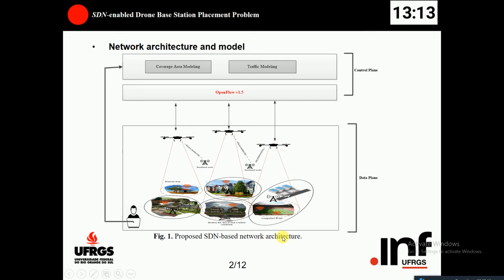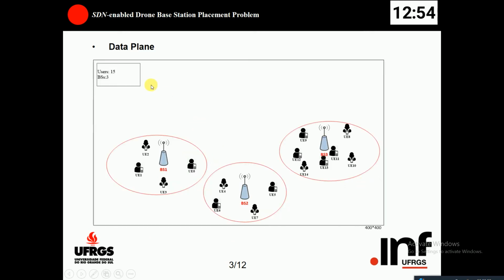As you can see here, we have two parts, data plane and control plane. In the control plane, the coverage modeling, traffic modeling, and so on can be considered. And in data plane, let me show you.